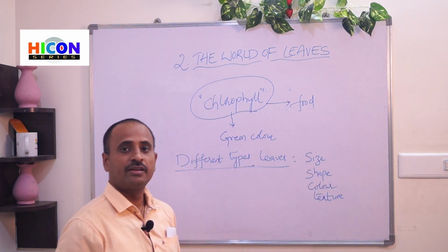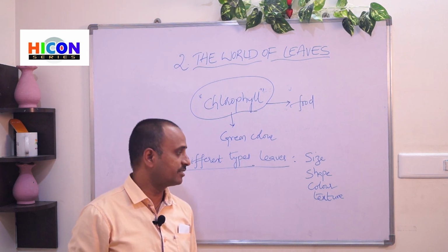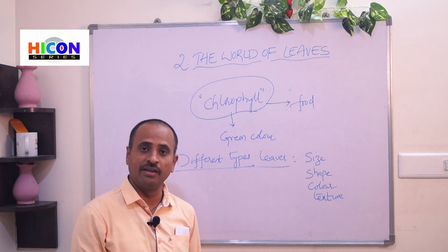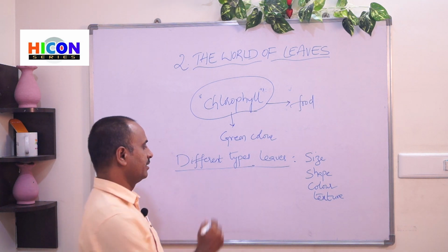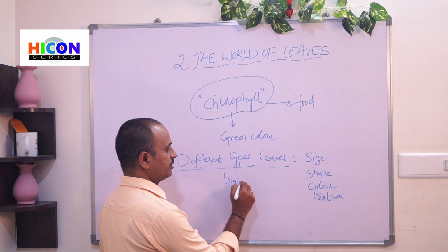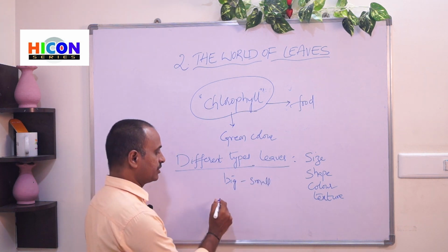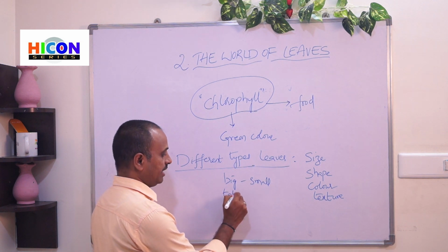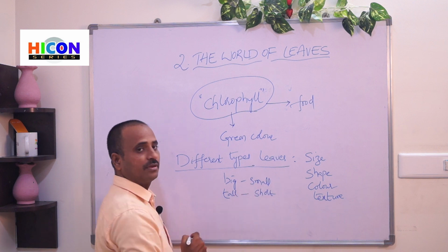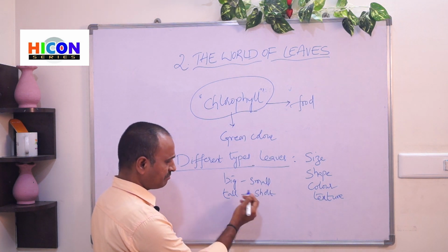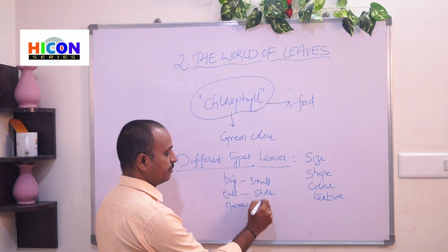And some leaves are big and some leaves are small. If you observe, some leaves are tall and some leaves are short, and some leaves are narrow and some leaves are broad.